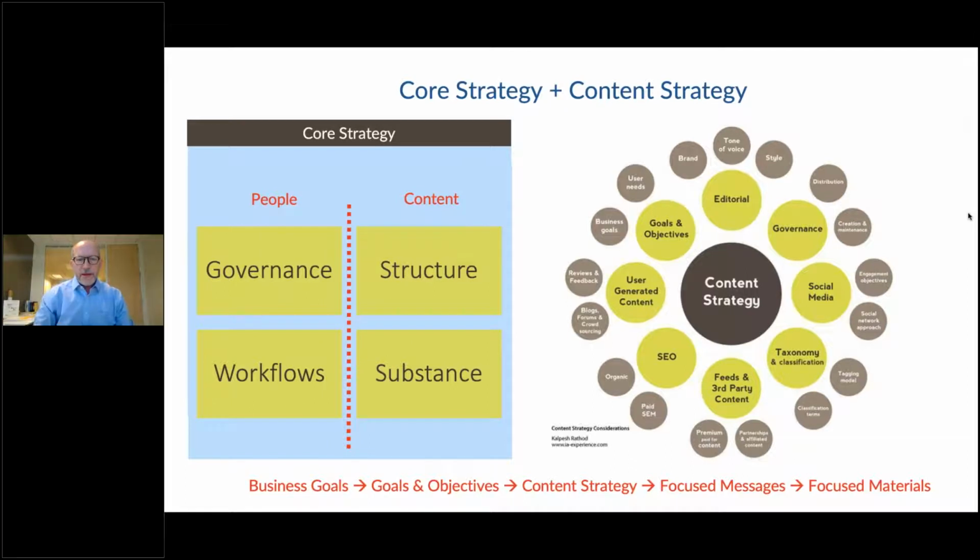So the idea is really just to think about these two different levels, because you need to be true to both. And as a company, an organization, your goals need to really align with your objectives, which need to align with that content strategy, which needs to tie in with your focus messages and then your focus materials.